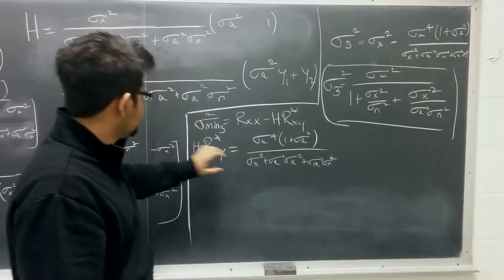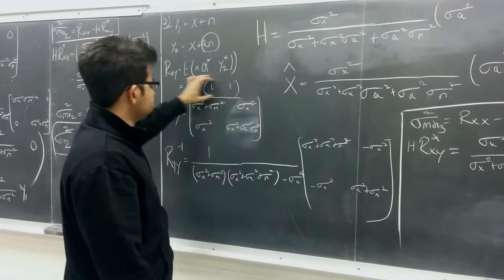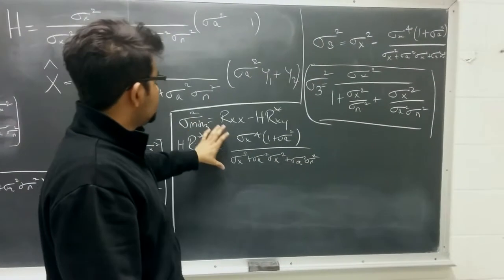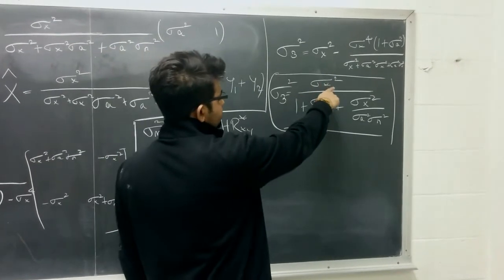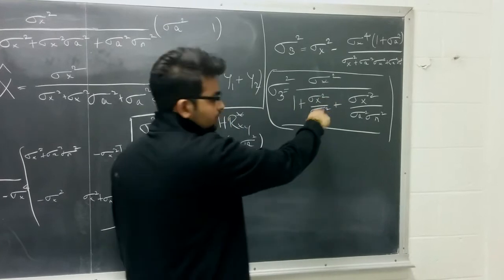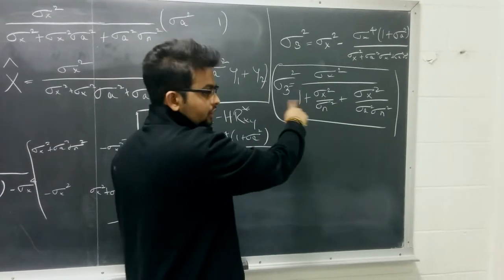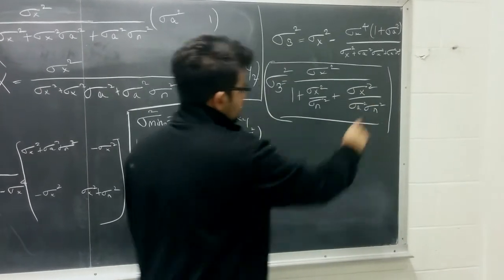This is the term. We multiply the h value with rxy star, which is this one conjugated, and then in the final we get sigma 3 square as sigma x square upon 1 plus sigma x square by sigma n square, which is the signal to noise ratio of noise n, and sigma x square upon sigma a square into sigma n square.